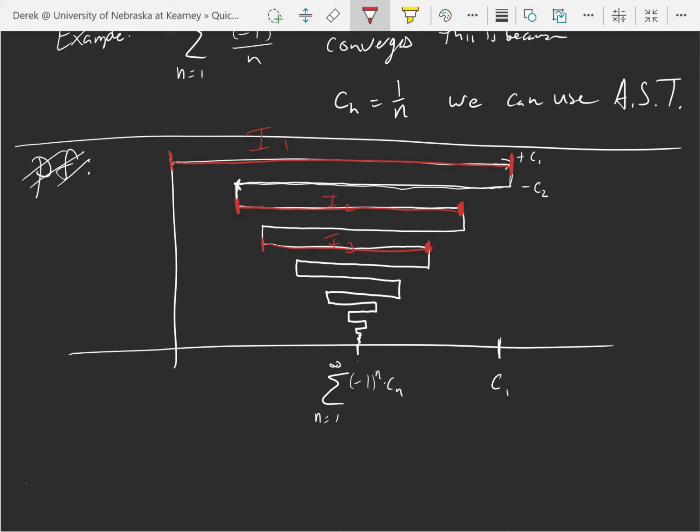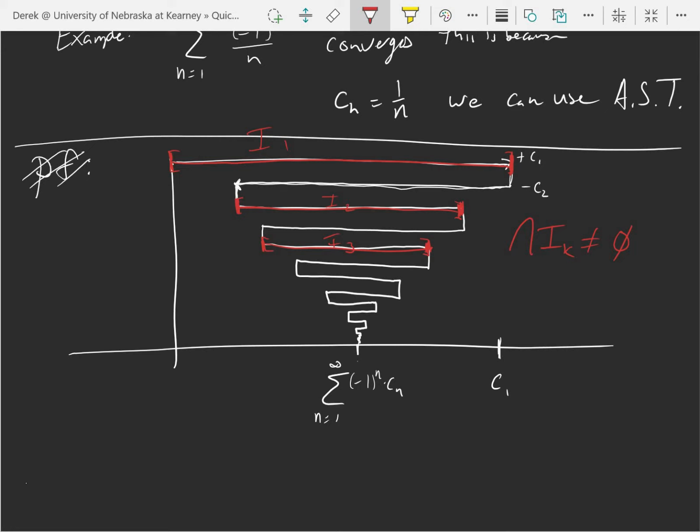These are closed intervals, so they're compact and they're contained in each other. And one of our theorems said that if I take a bunch of intervals that are contained in each other and I take the intersection, there's something in that intersection. So this intersection is going to be non-empty. That seems like a good place to look for our limit point.